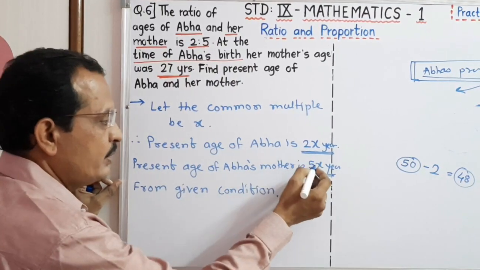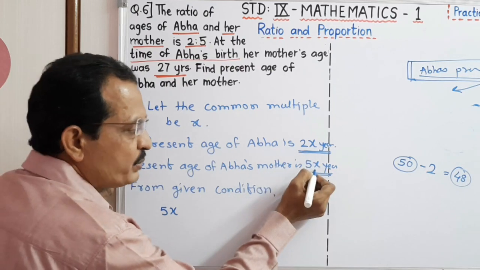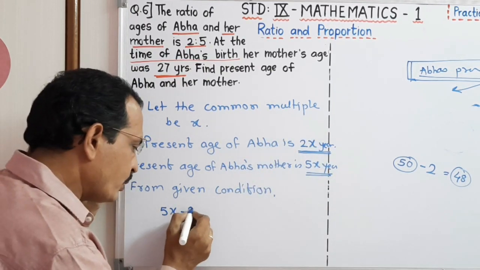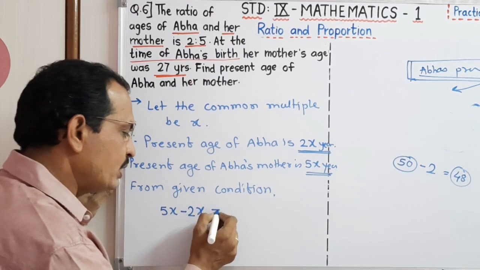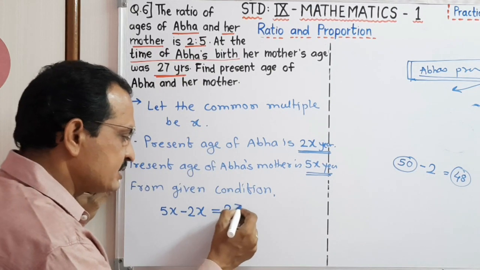That means, if we subtract, see here, 5x is today's age. Before 2x years means we have to subtract this 2x. We will get the age of her mother, and it was 27.